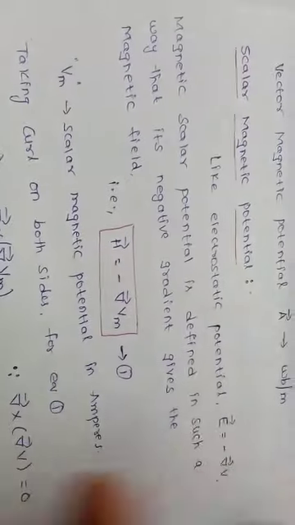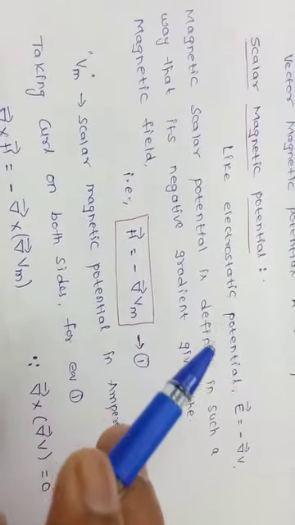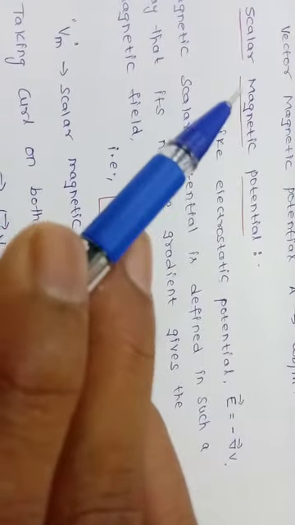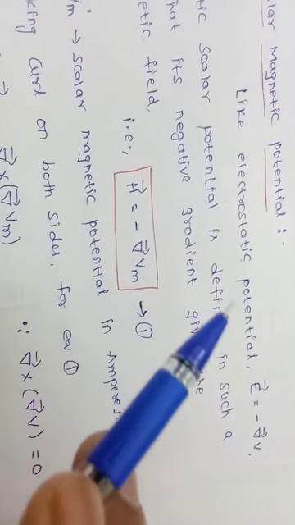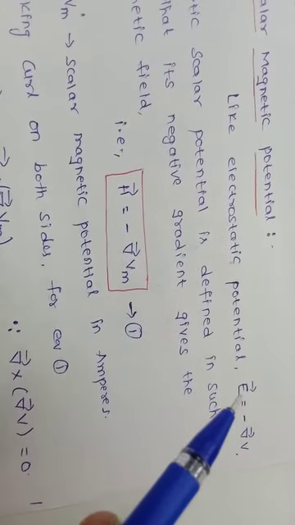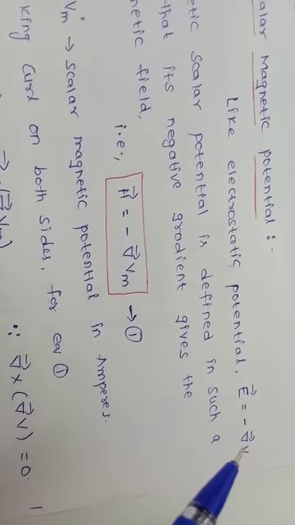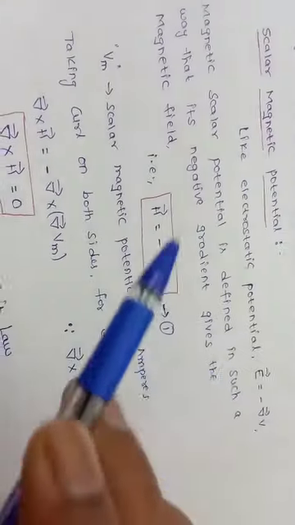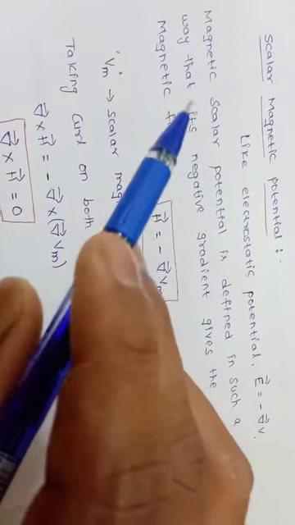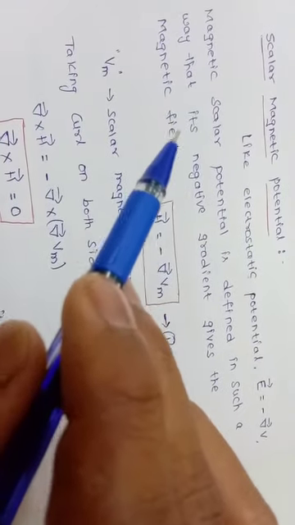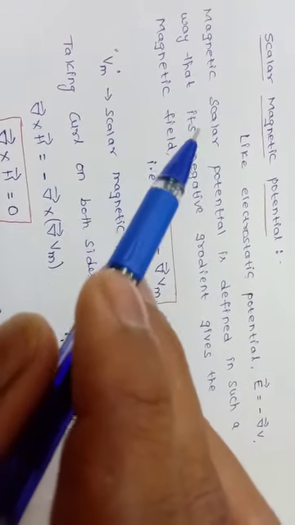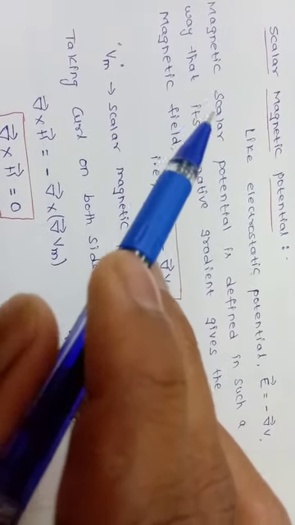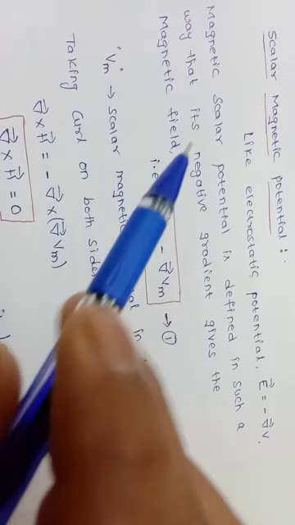Okay, listen carefully. Like electrostatic potential, where E bar is equal to minus del bar into V, magnetic scalar potential is defined in such a way that its negative gradient gives the magnetic field. Here V m represents the scalar magnetic potential.